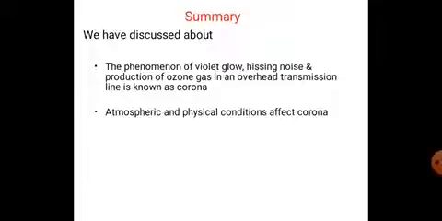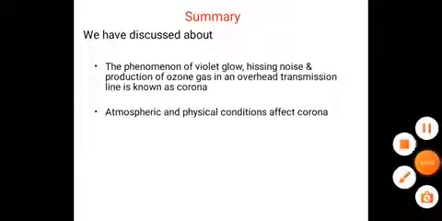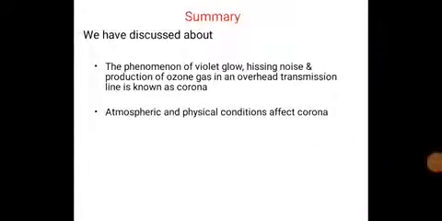And the corona is nothing but the phenomenon of violet glow, hissing noise, and production of ozone gas in overhead transmission lines. In this class we also discussed different problems on short transmission lines.